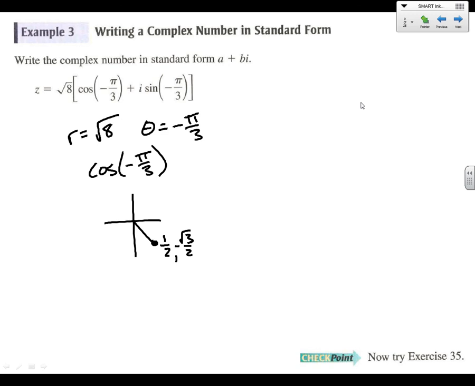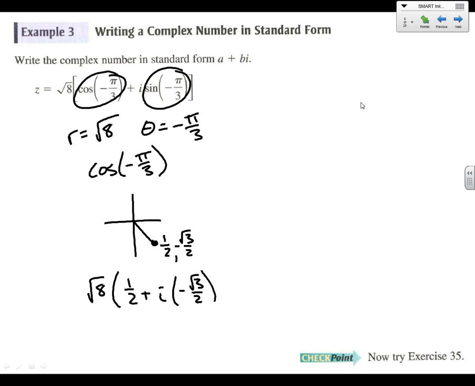So I can just plug those in for my cosines. 1/2, root 8 still on the outside, plus i, and then the sine of negative pi over 3 would be negative root 3 over 2. Just pulling that right off the unit circle. We'll distribute the square root of 8. Square root of 8 is 2 root 2, times the 1/2.